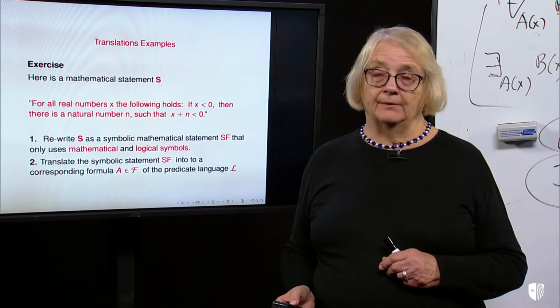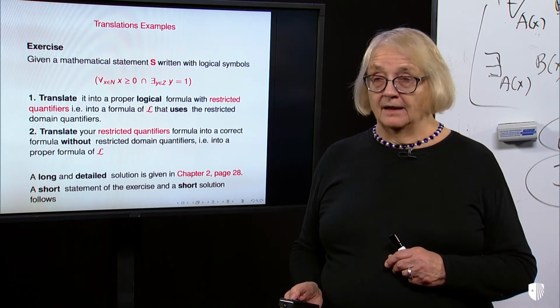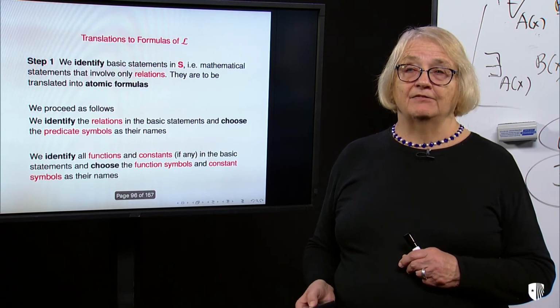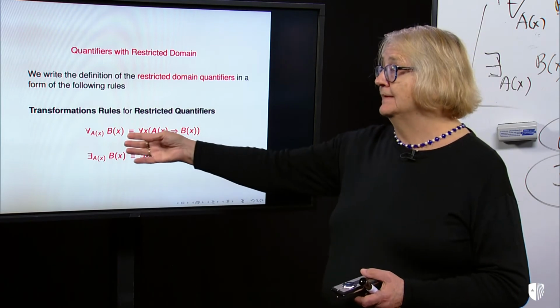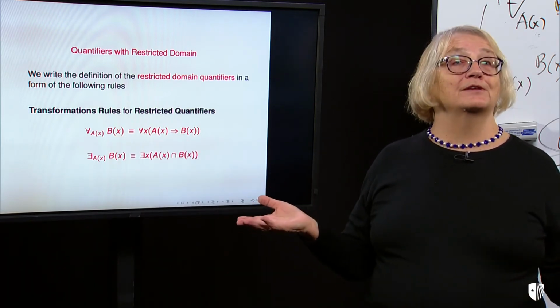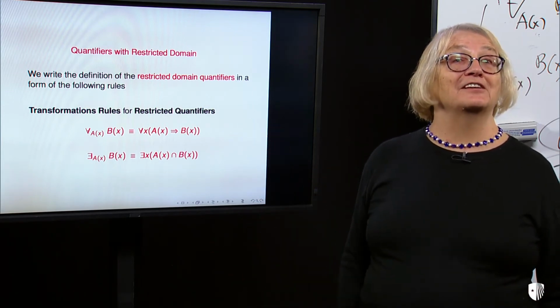Of course, we can ask why the restricted domain quantifiers are defined like that, the transformation rules. All humans are mortal. If I am human, I am mortal. Socrates said that.